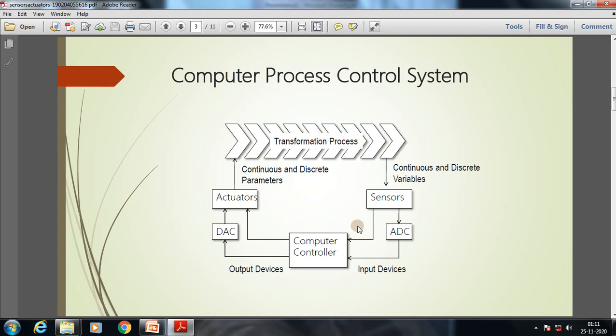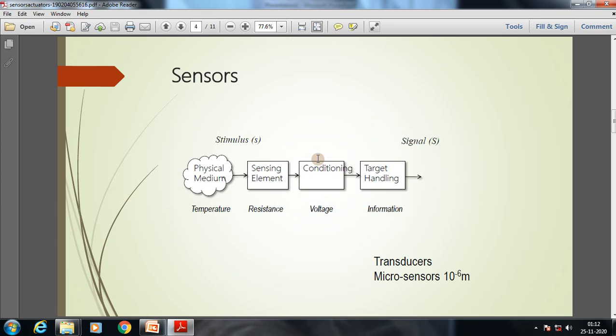All the data that has been collected is stored in computer storage or memory, the processor processes it in the computer controller, and accordingly the output is provided as continuous and discrete parameters. So this is the computer process control system. Let's go to the next slide.